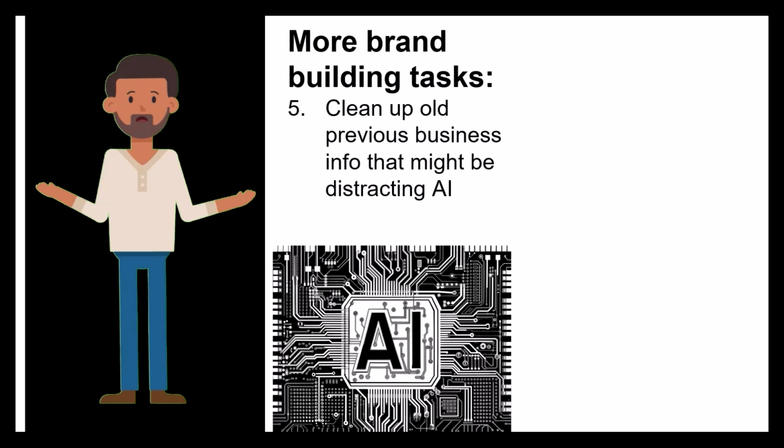Task number 5 is, if you have previous business info anywhere on the internet, you may need to consider whether that is helping to clarify your current expertise, or if you might be better off removing the old business information. Why is this important? The AIs are looking for clearly acknowledged experts related to whatever questions they are trying to answer.